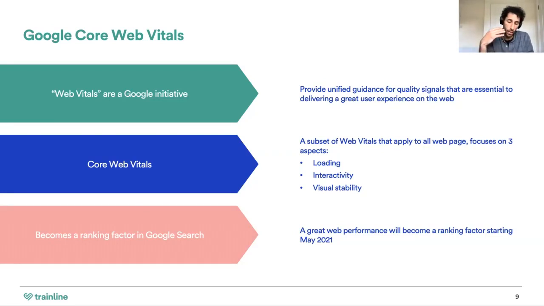So if two websites provide the same relevance of information, and one has a better page experience than the other one, it is going to have a higher ranking in the Google search algorithm. So this is actually an opportunity for those that have fast websites to gain page ranking. So it's even more important than ever. And this is actually rolling out right now in May 2021.